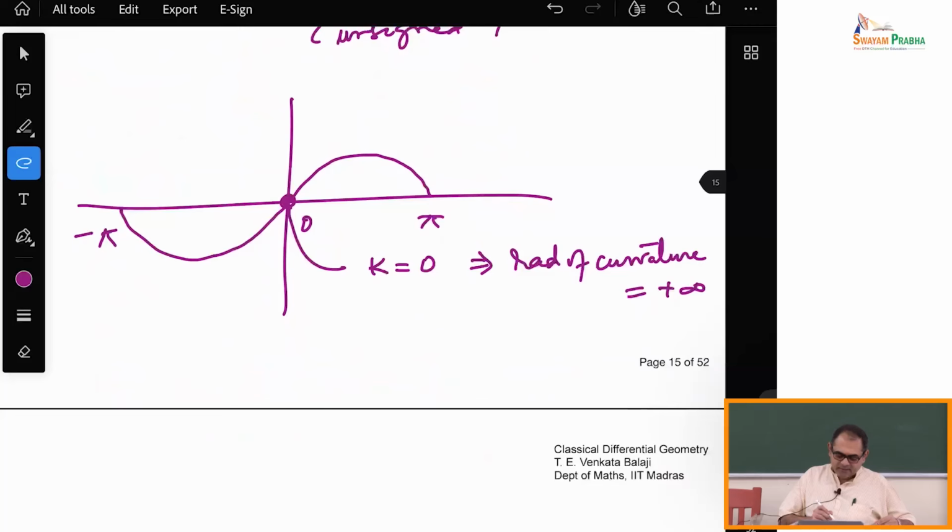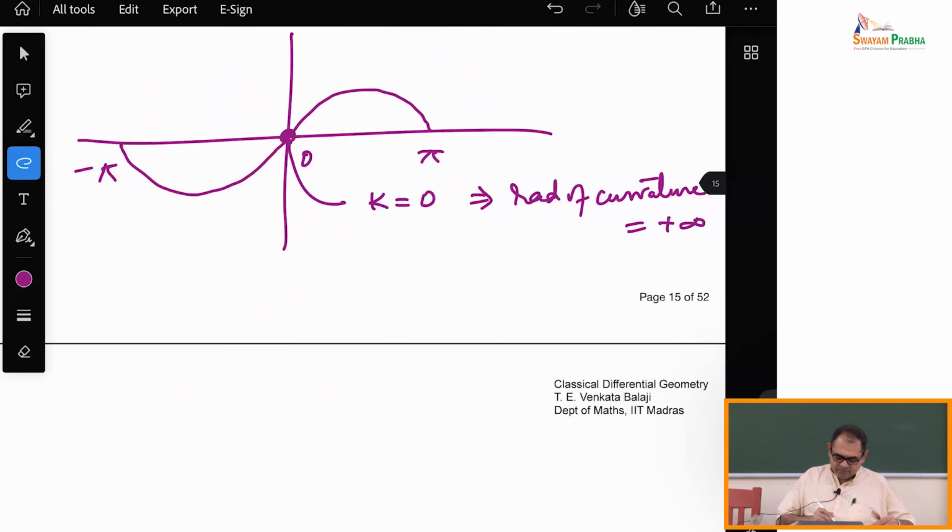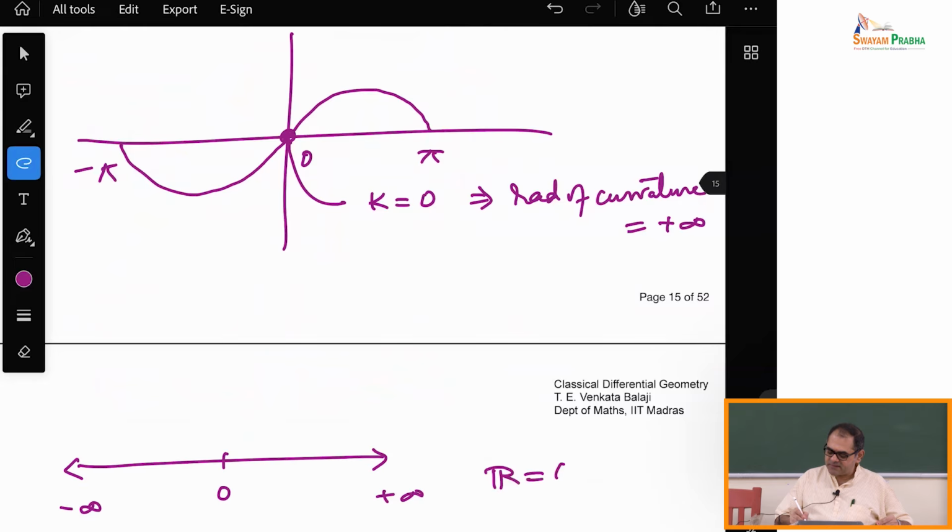The way to do it is what is called the stereographic projection. Let me draw a picture. If you take the whole real line, it is written as minus infinity to plus infinity. You think of plus infinity as a point lying at this end, if there is an end, and minus infinity is on the other end.